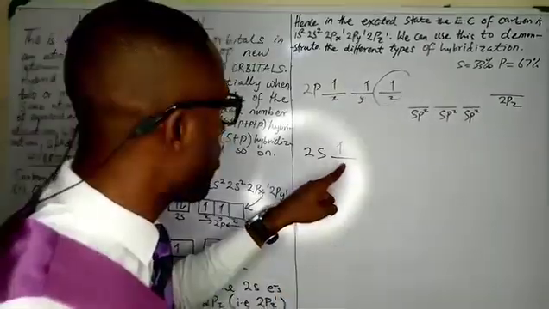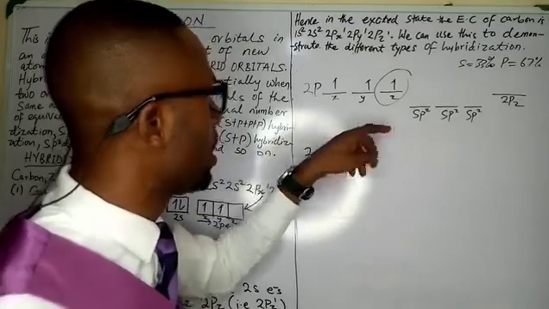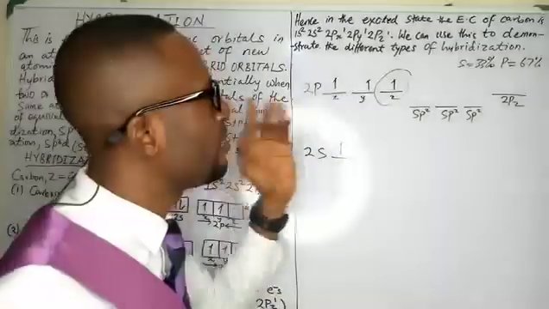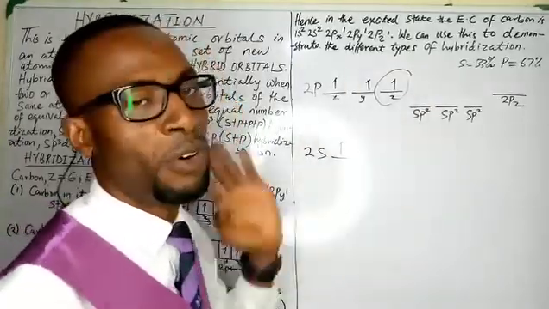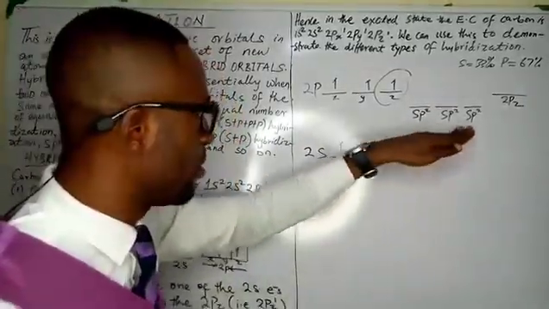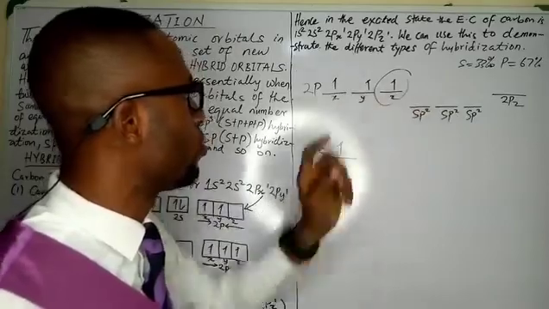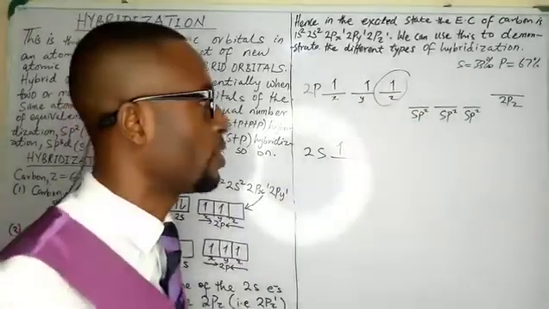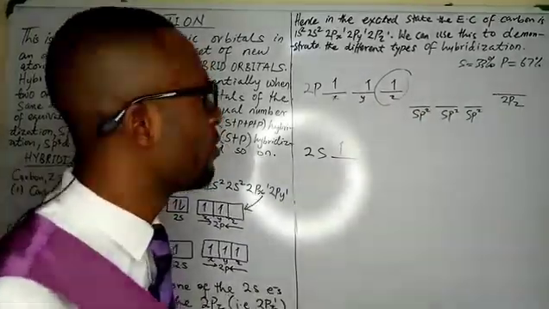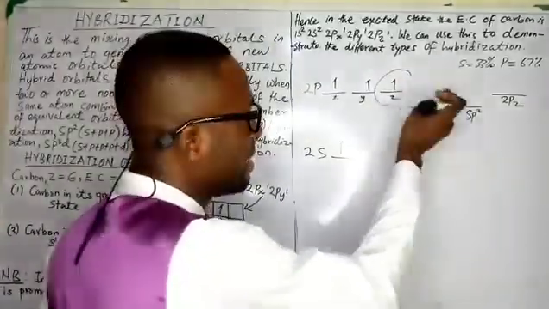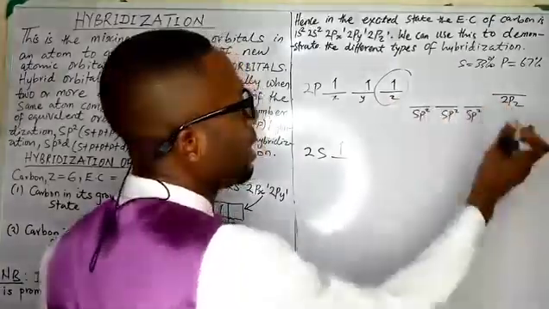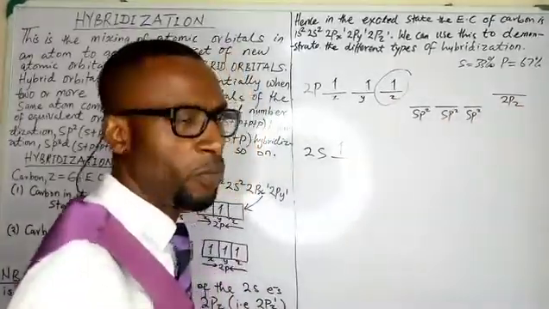So if you are mixing 1 s orbital and 2 p orbitals, you are going to make 3 sp2 hybrid orbitals. Those hybrid orbitals will be close to the 2p orbitals and a bit further away from the s orbital. And of course, you have the 2pz orbital still where it is because it was not used in the combination.